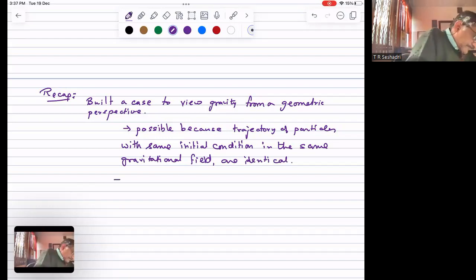So it implies that geometric interpretation is possible.